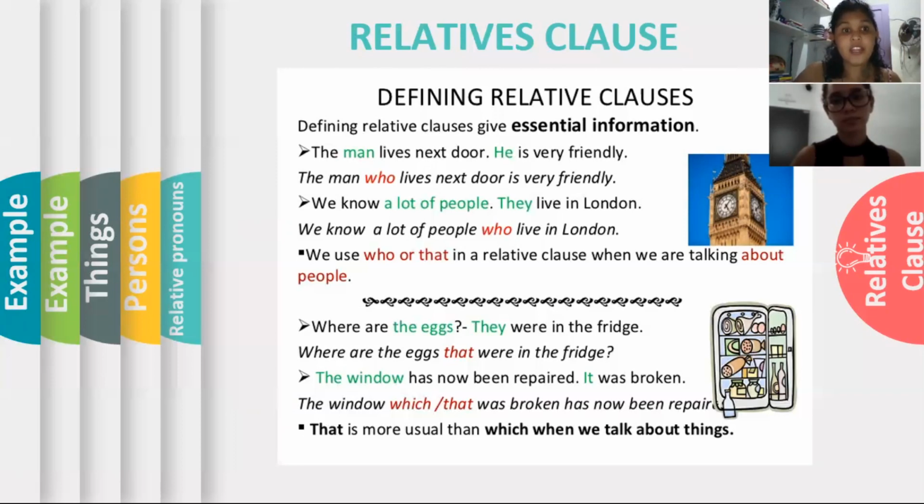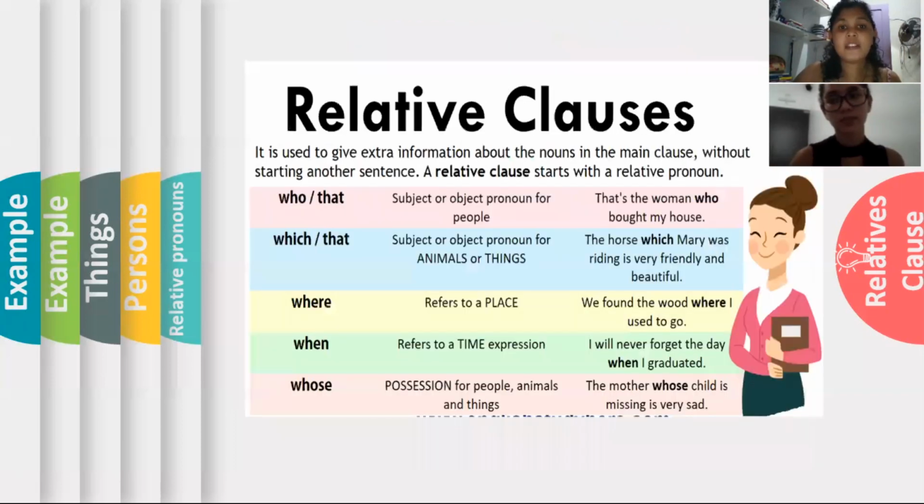Relative clauses are used to give extra information about the noun in the main clause without starting another sentence. Relative clauses start with relative pronouns. For example, in the class, we use who, that, which. Who or that are used as subject or object pronouns for people.